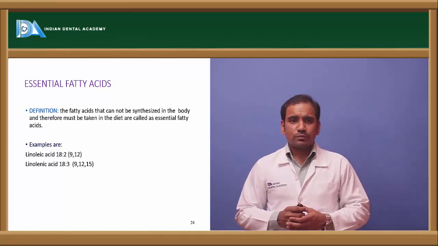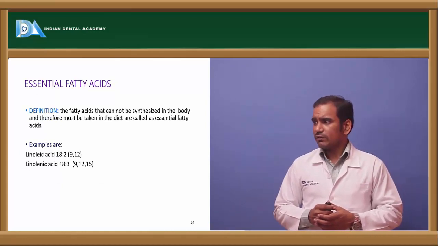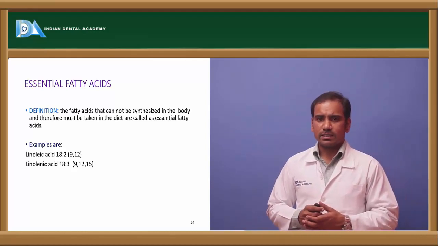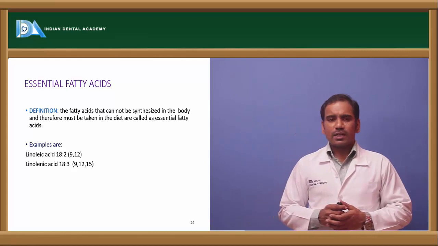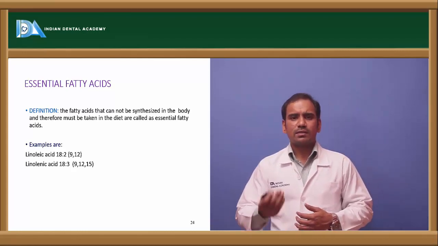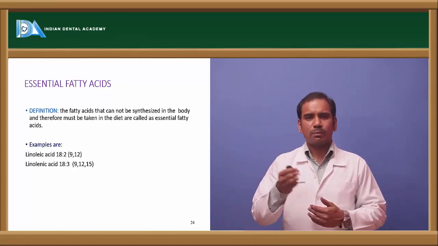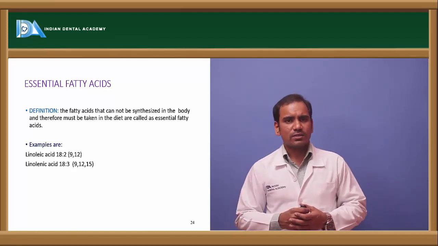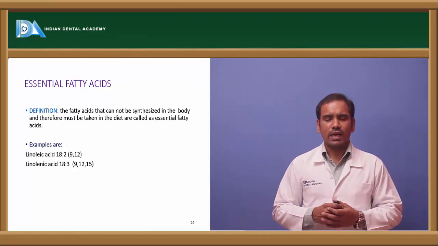Now coming to the most important aspect of fatty acids, essential fatty acids. There are some fatty acids which cannot be synthesized in our body, and they should be supplied in the diet. Such fatty acids are called essential fatty acids.